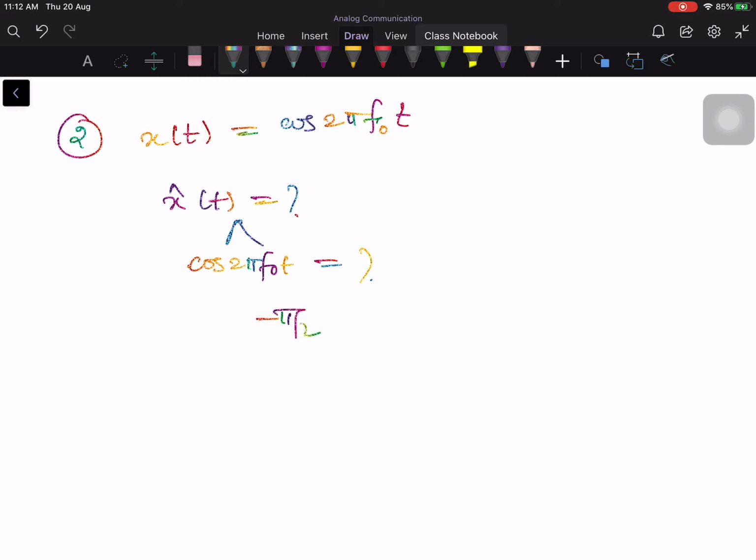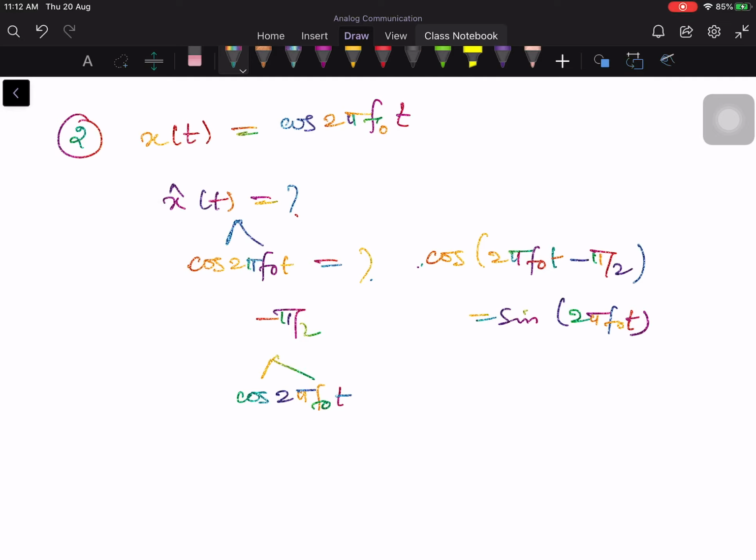Therefore, this is going to be cos of 2 pi f naught t minus pi by 2. Cos theta minus pi by 2 is equal to sine of 2 pi f naught t. Therefore, Hilbert transform of cos 2 pi f naught t is equal to sine of 2 pi f naught t.